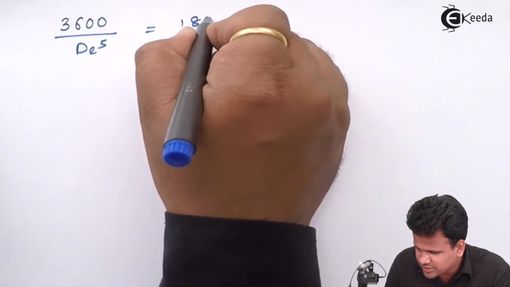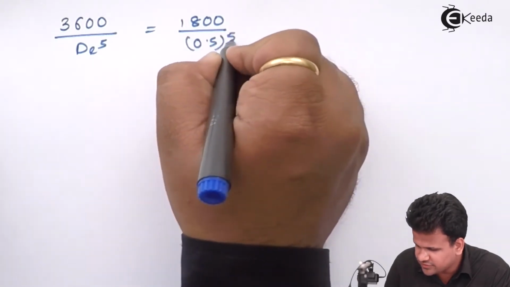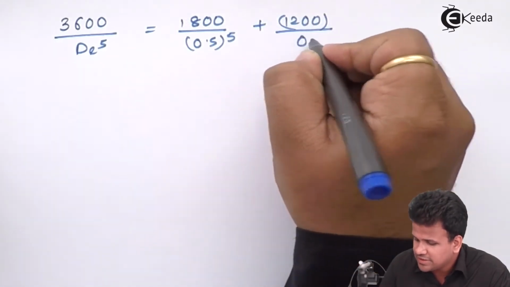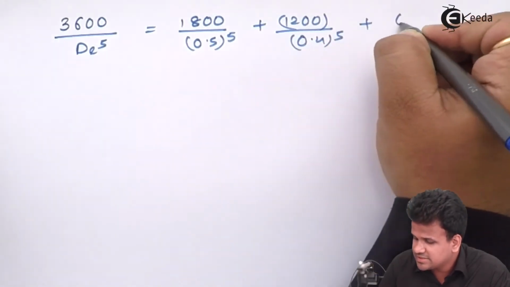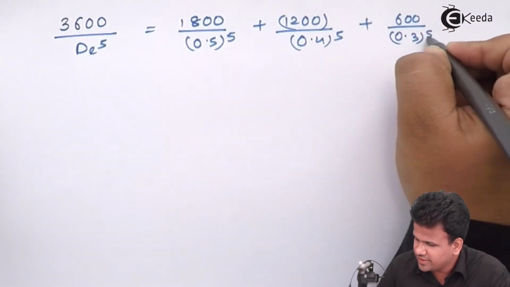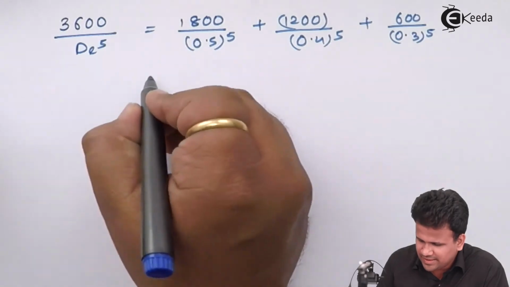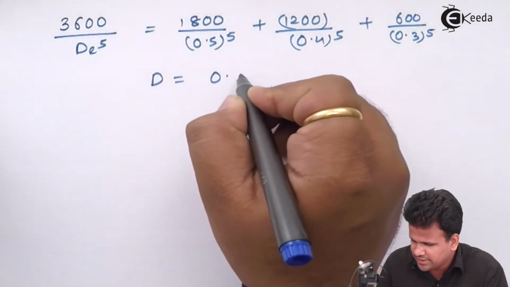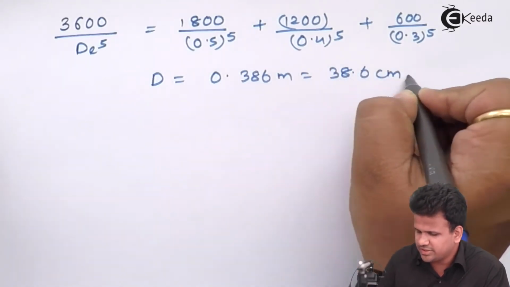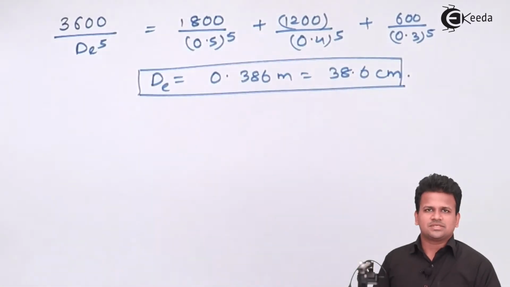L1 was 1800 meters upon D1, that is 0.5 raised to 5 plus 1200 meters, that is L2 upon 0.4 raised to 5 plus 600 upon 0.3 raised to 5. On calculation of this entire part, taking the fifth root on both the sides, we get diameter is equals to 0.386 meters, that is 38.6 centimeters. So this is the equivalent diameter when the length is 3600 meters.